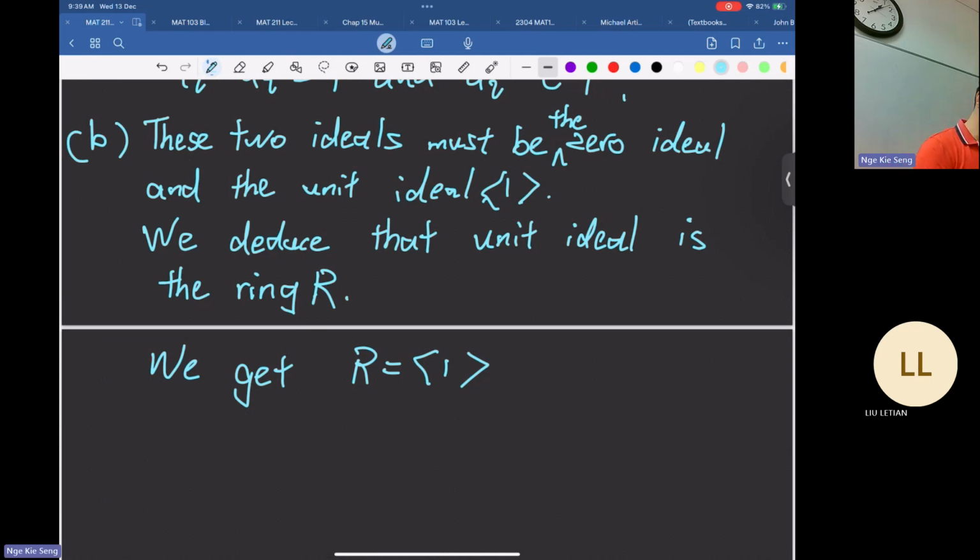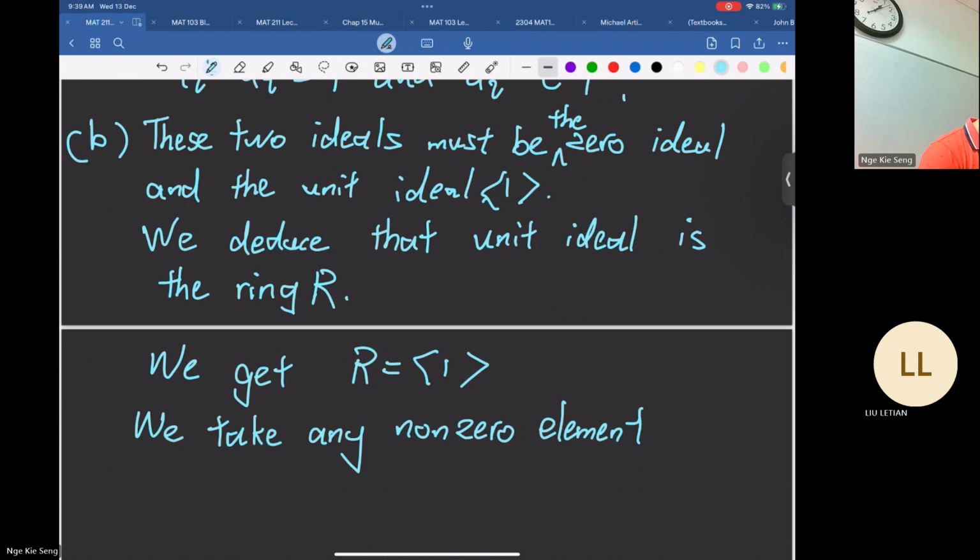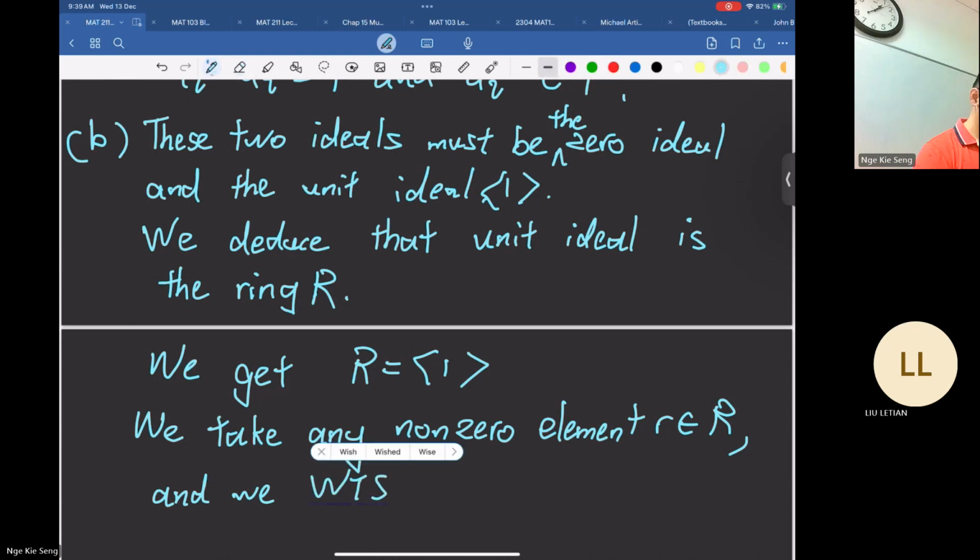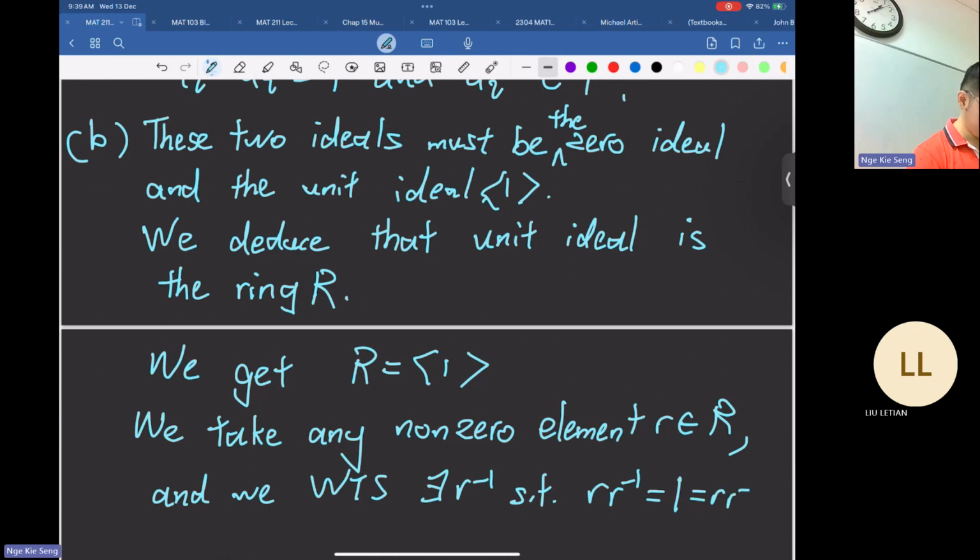Okay. So we want to take any non-zero element r in R, and we want to show that there is an r inverse such that r times r inverse equals the identity, which is 1 in our case, equals r inverse times r, to show that r is invertible.